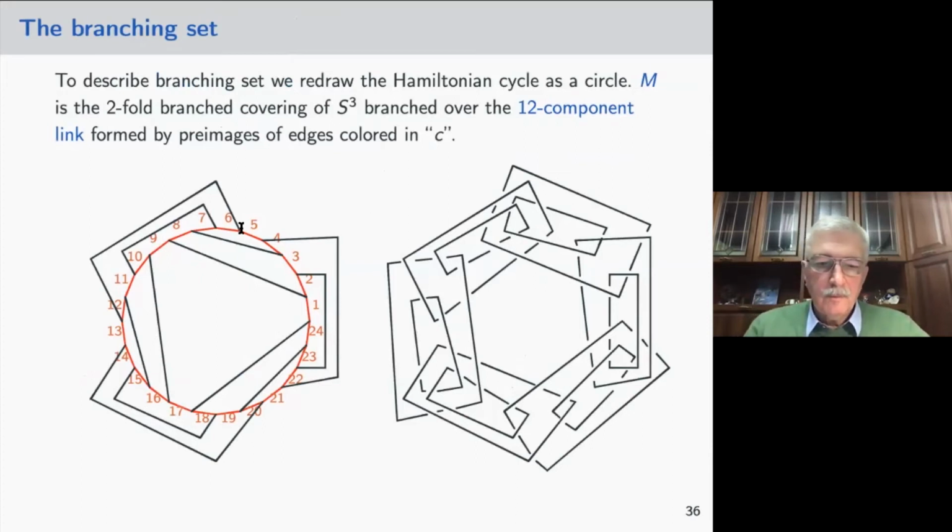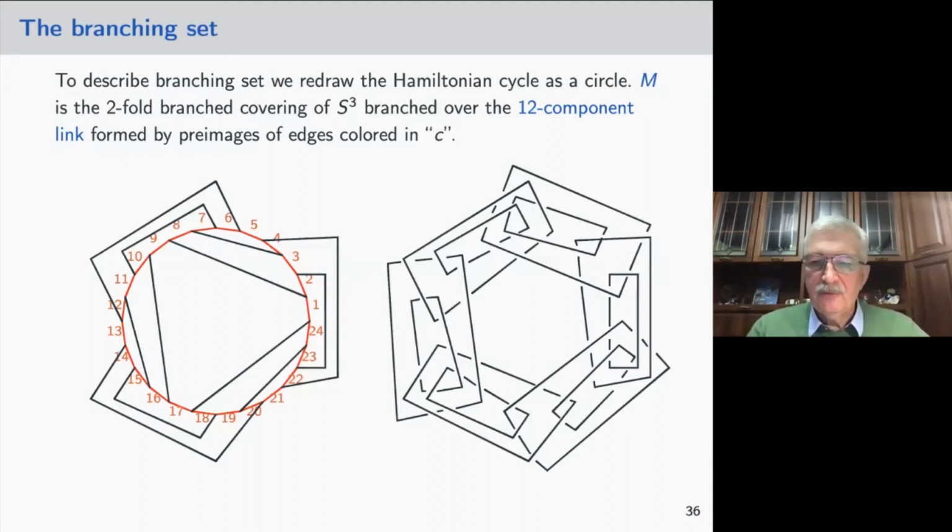So there were some edges inside the cycle and outside the cycle. And we consider a two-fold coloring now. So for any black edge, we have one edge inside the cycle, inside the disk, and outside the disk. So finally, you get 12 components. So you'll get a link with 12 components, and the meaning of this link is the following.